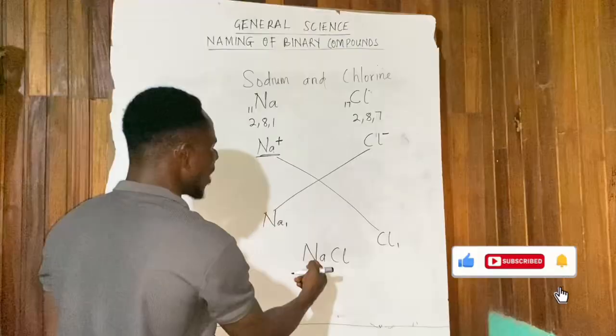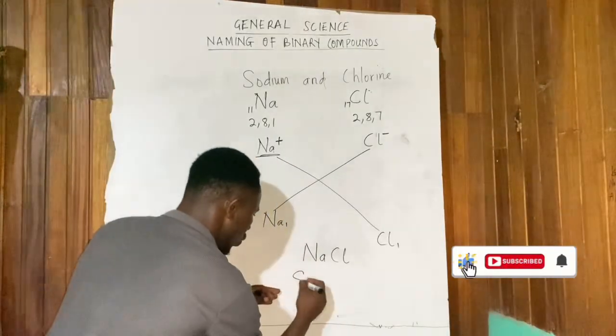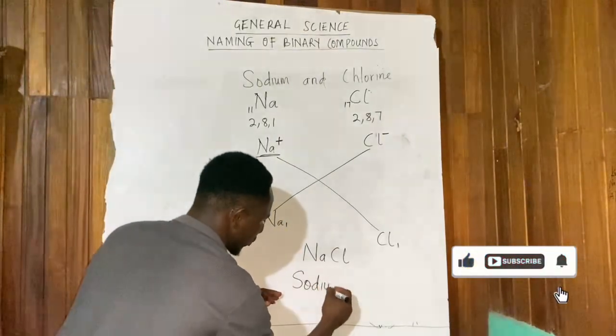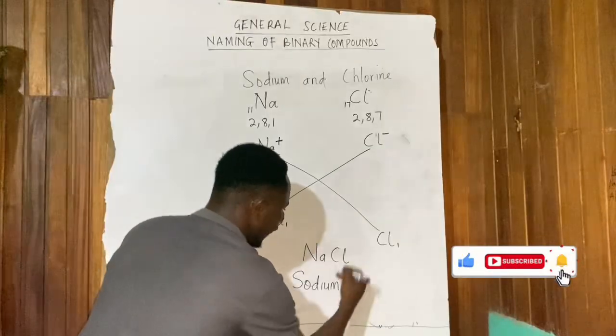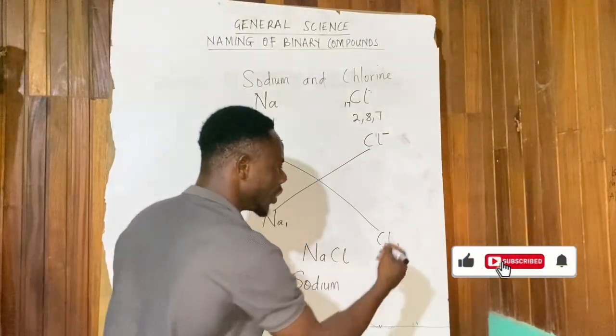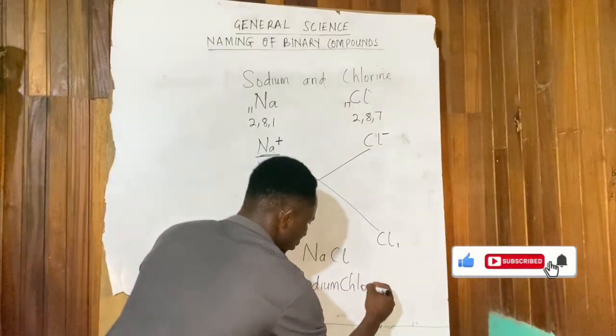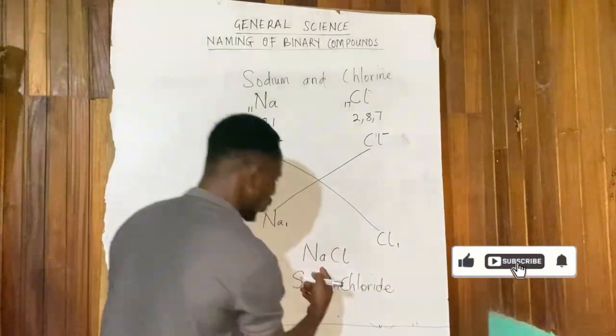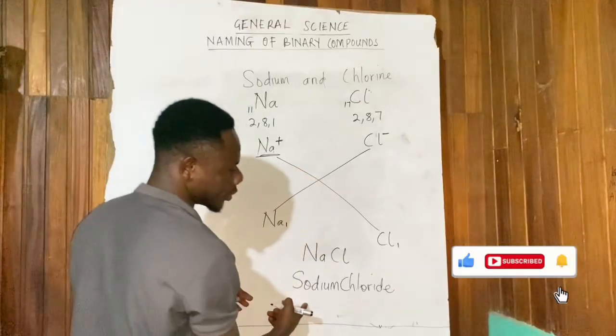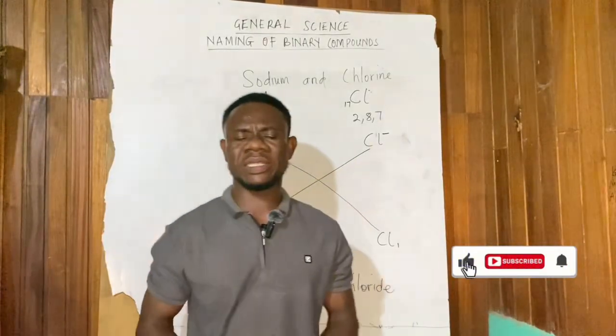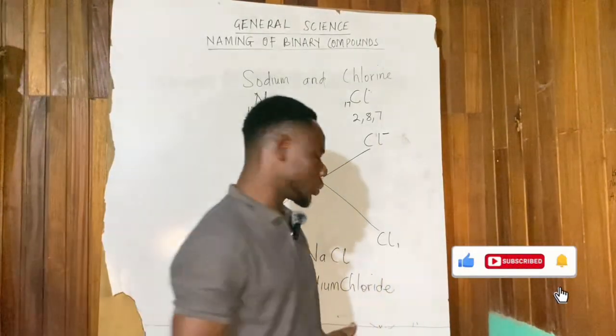We mention the name of the metal first, which is sodium, then followed by the non-metal, chlorine, which is changed to chloride. So, sodium chloride. Let's take the next example.